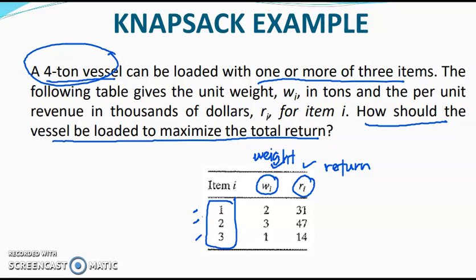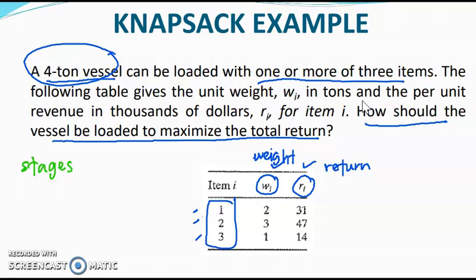Before we proceed, please remember that in dynamic programming there are 3 basic elements that you have to pay attention to. The first one is the stages. Remember, for dynamic programming you have one problem and we split it into several stages. That's one of the basic elements.